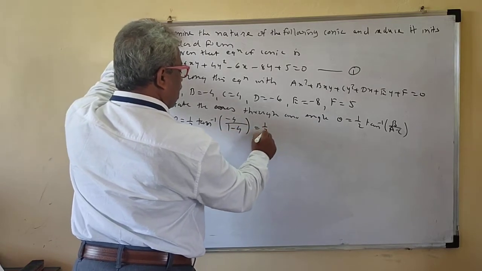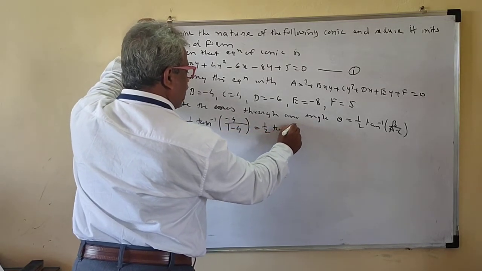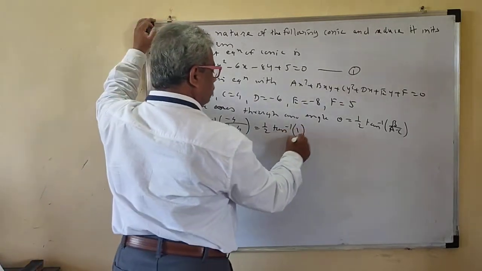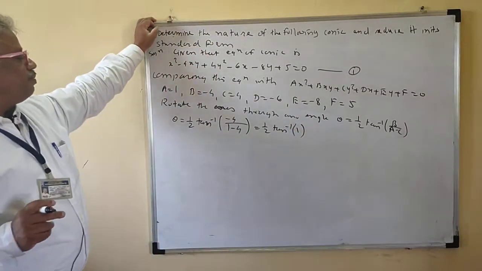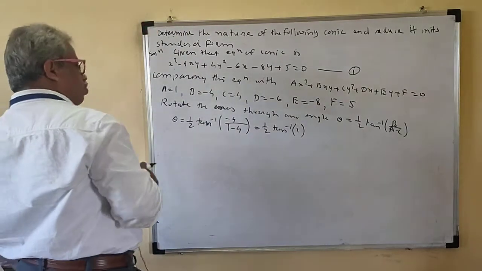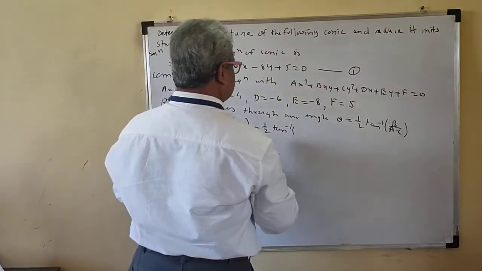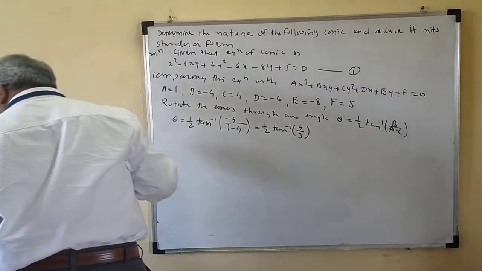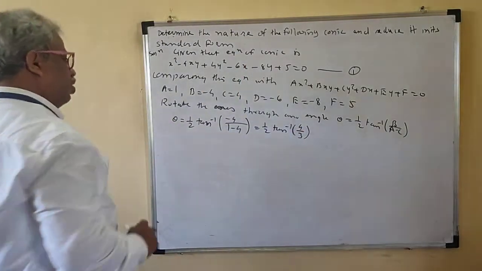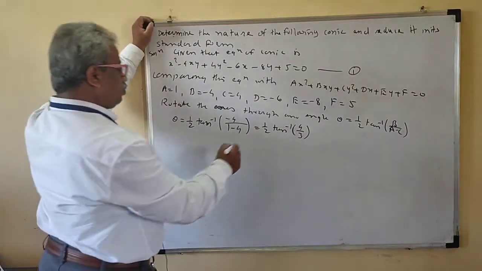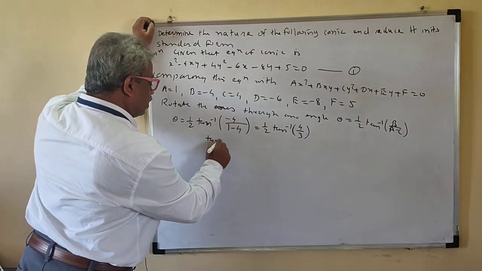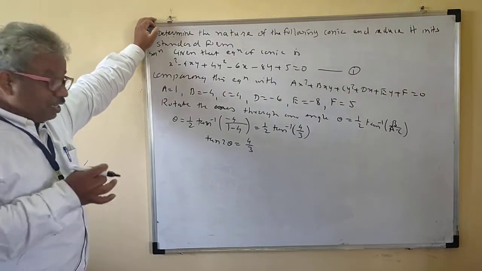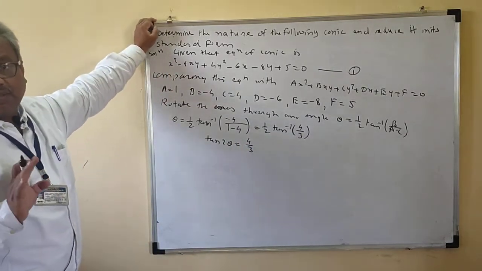So this is 1/2 tan inverse of... no, not 1, it is 4/3. 1/2 tan inverse of 4/3. So that means here we get tan 2 theta is equal to 4/3. Here we get tan 2 theta, not tan theta.